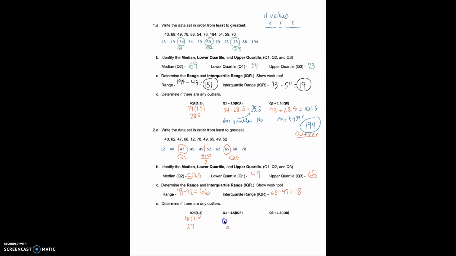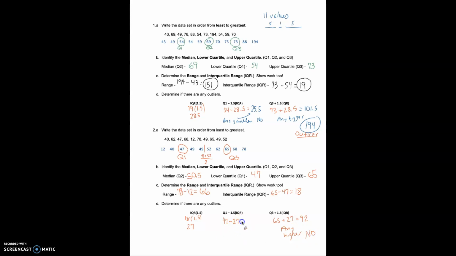We take lower quartile and subtract 27. And then we take the upper quartile and we add 27. So 65 and 27 gives us 92. Any of those higher than 92? Well, if you look at the data, no, there aren't any.